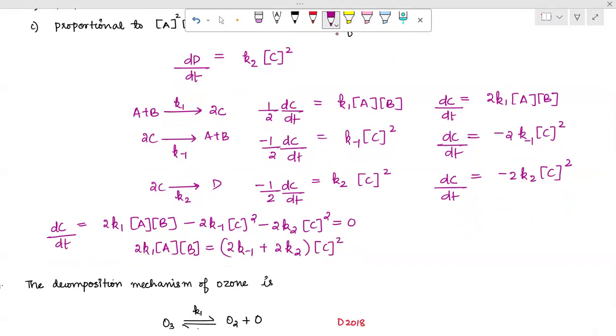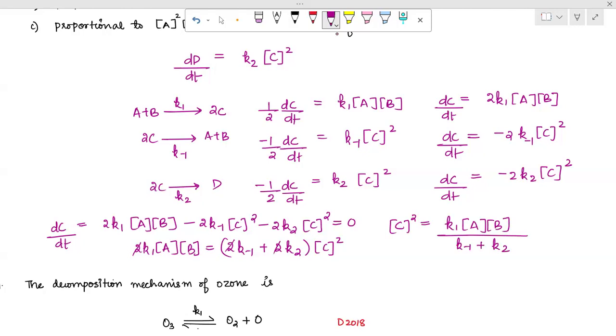Okay, now we'll rearrange in terms of C squared. That is going to be equal to, 2's are common, I cancel out 2's. K1 concentration of A into concentration of B divided by K inverse plus K2.